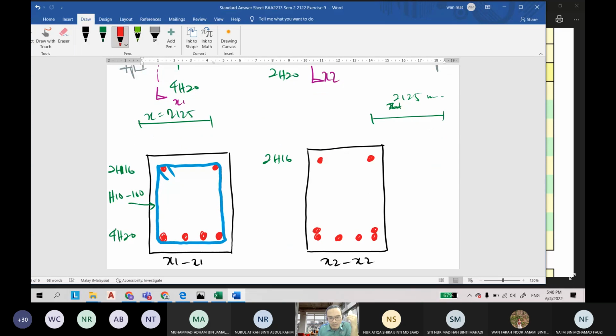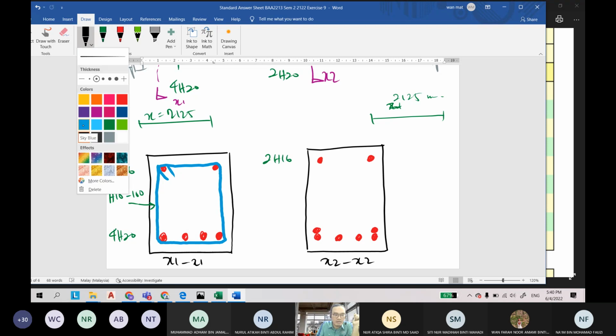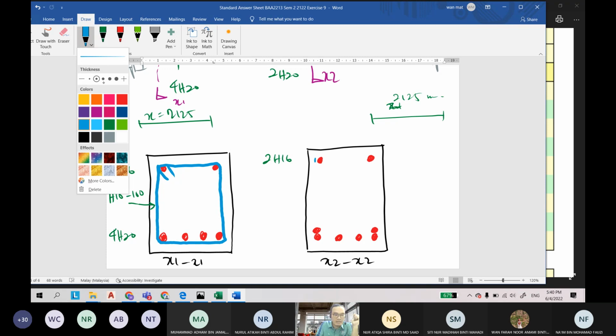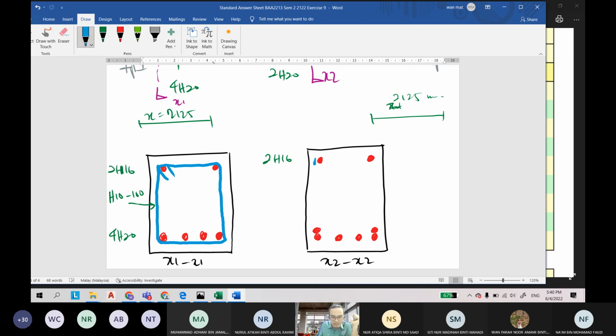So if you are working as a site engineer, or you join an internship with a contractor, and they ask you to check the steel reinforcement, make sure you check it before concreting. Because the detailing is quite complicated, maybe the workers miss 1 or 2 steel bars.